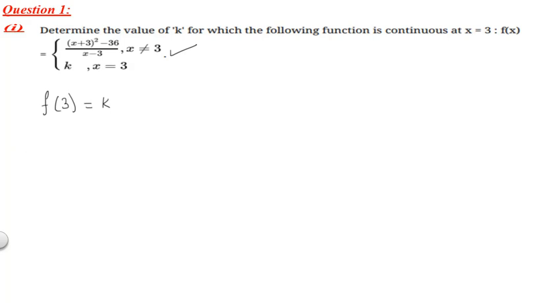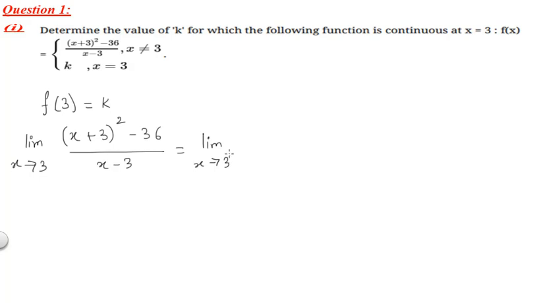So I am putting limit x tending to 3, the function is (x plus 3) whole square minus 36 divided by x minus 3. I can write 36 as 6 square. So this expression will become limit x tending to 3, (x plus 3) whole square minus 6 square divided by x minus 3.